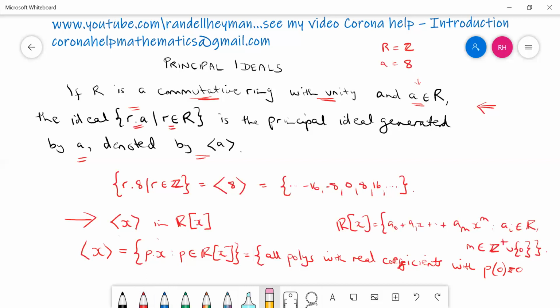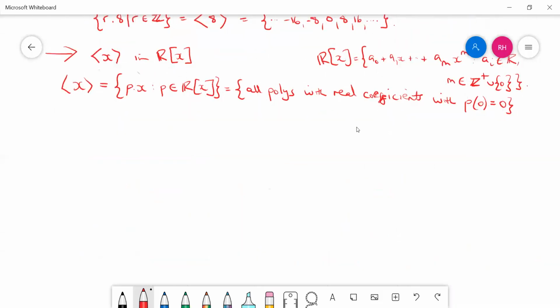Sorry, I should actually move the whole thing up so I can write a bit neater. So all polynomials with real coefficients where p0 equals 0. So for example, x cubed plus 5x.